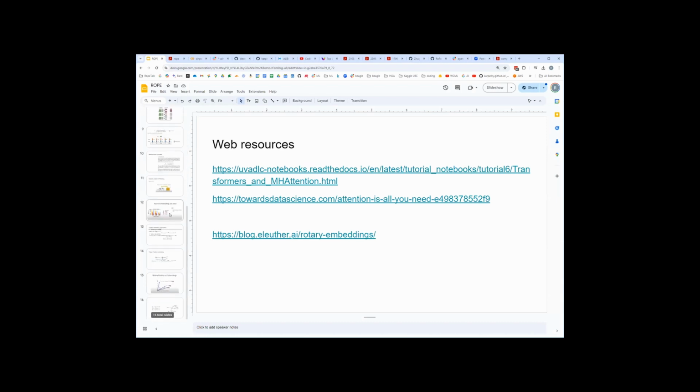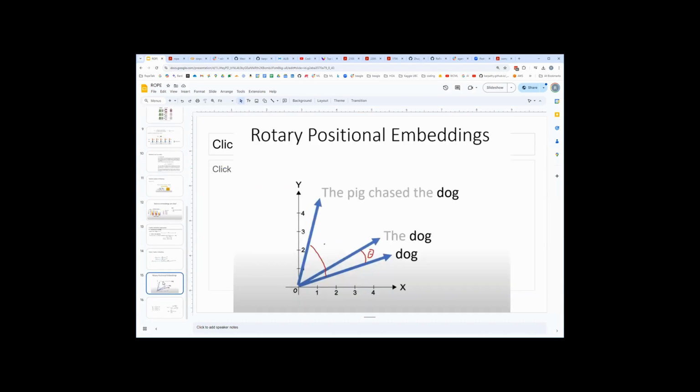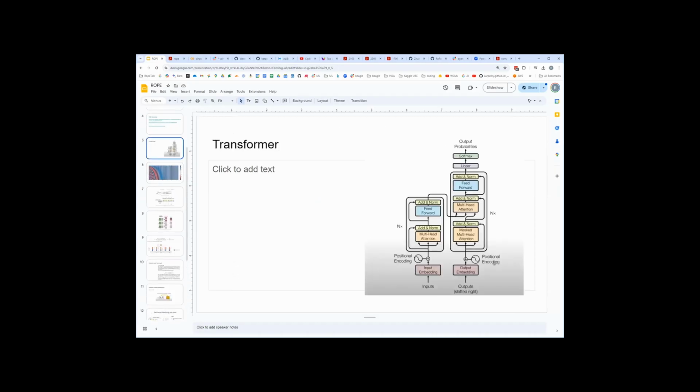Okay, so just a really quick background. The idea with rotary positional embeddings is this: in the original Attention Is All You Need paper, they added positional encoding information to the tokens right after the embedding layer, and that was used by the attention layers above that.